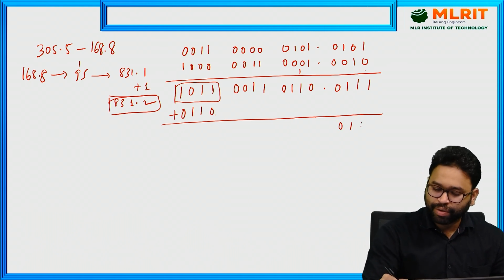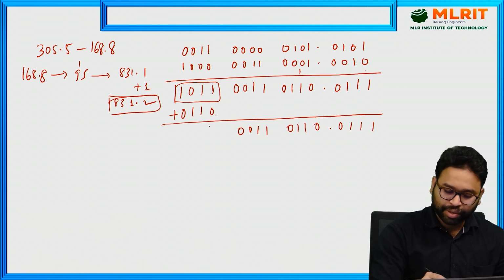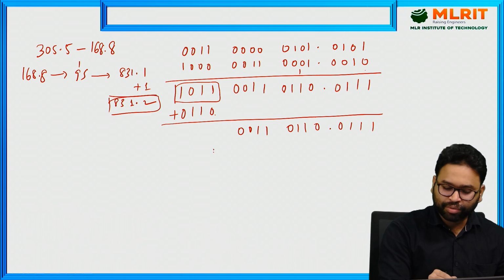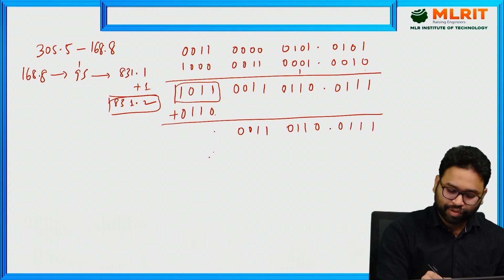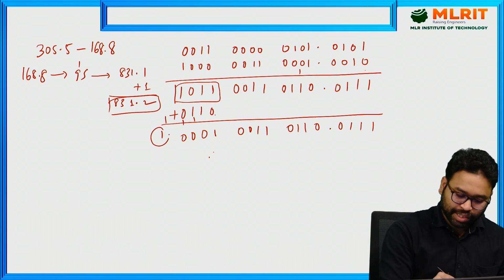So 0111 dot 0110, and again 0011. Then the value 1 plus 0, it will be 1, 1 plus 1, it will be 1, 0, and so on. You can see this carry, this is our generated carry.